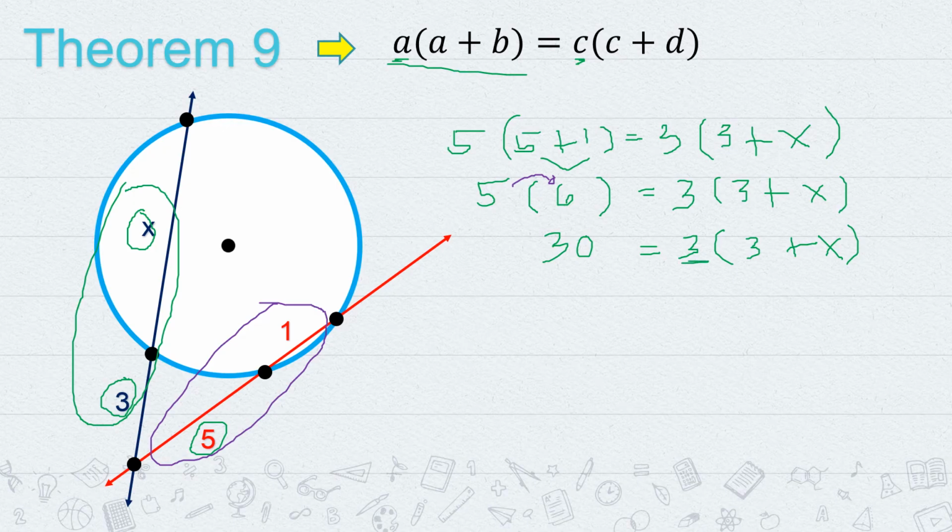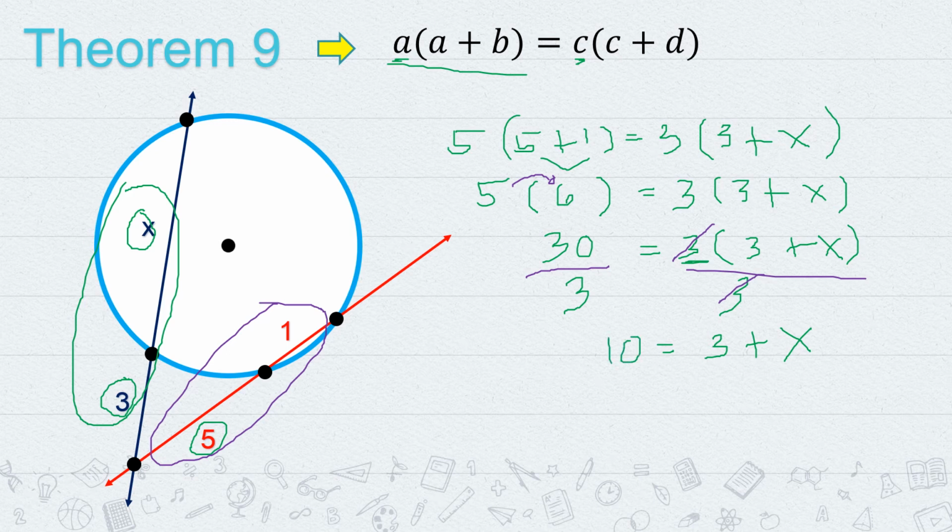So first we remove this term outside, again, by simply dividing both sides by that number that we need to remove. So we divide both sides by 3. In that case, we will be able to remove this term outside. So our equation now transforms into 3 plus x on our right side, while for the left side, 30 divided by 3 is 10.